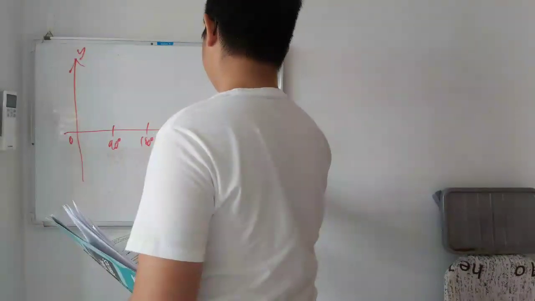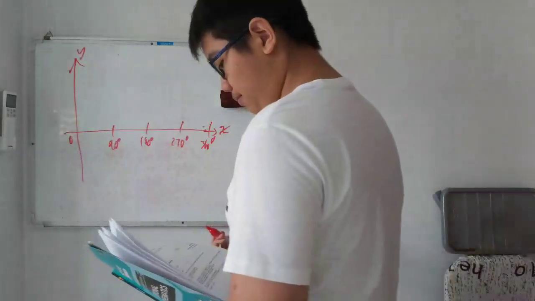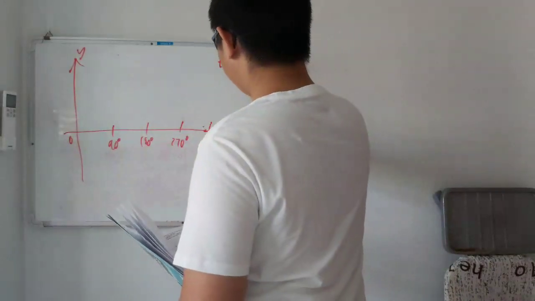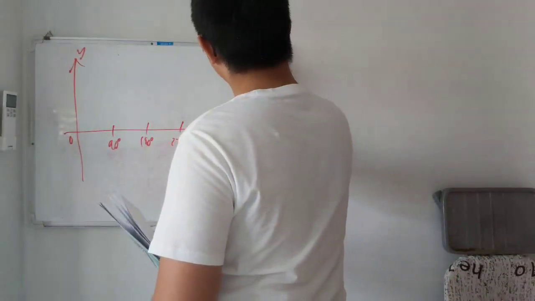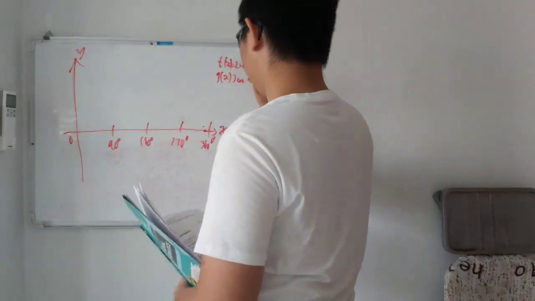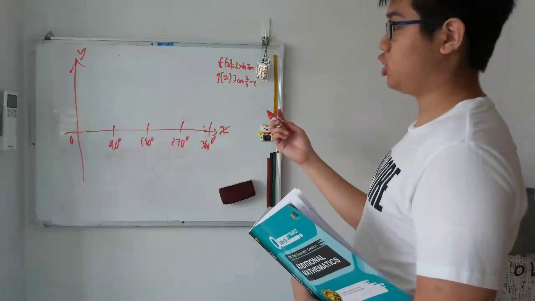I'll extend this just a little bit, 360 degrees. Just a reminder that f(x) equals 2 sin 2x and g(x) equals 3 cos(x over 2) minus 1. Just a reminder what f(x) and g(x) actually are.